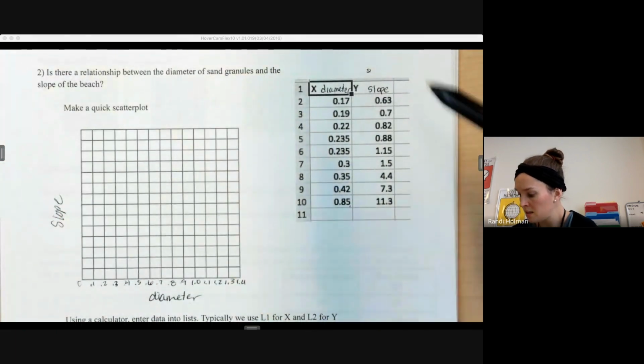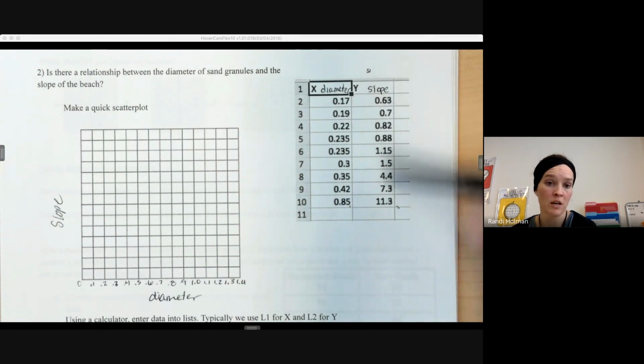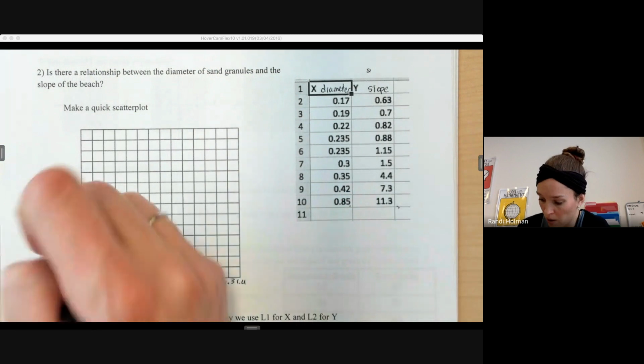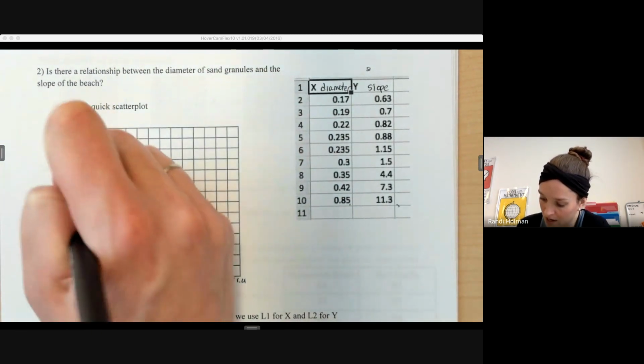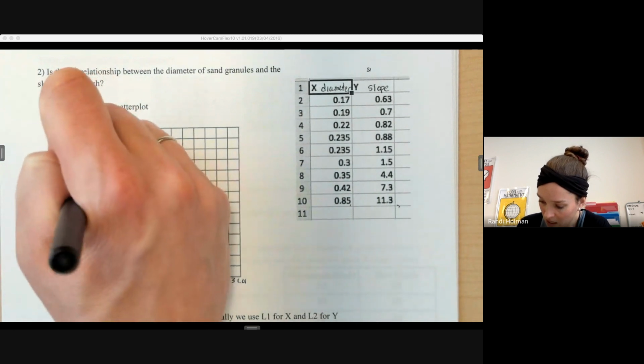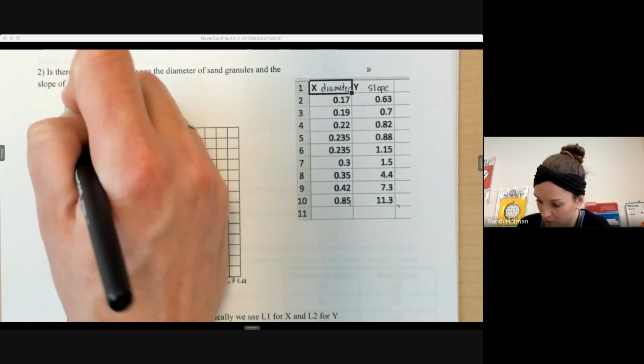Okay, and these numbers, we go all the way from 0.63 up to 11. So there we need a little more of a range. I'm just going to go up by ones here. 4, 5, 6, 7, 8, 9, 10, 11, 12, 13, 14.